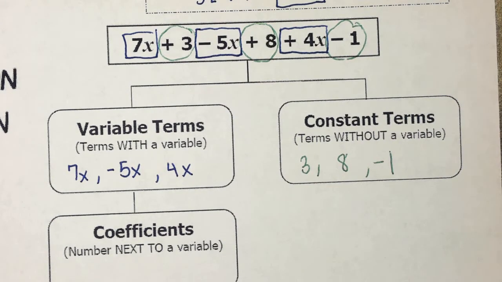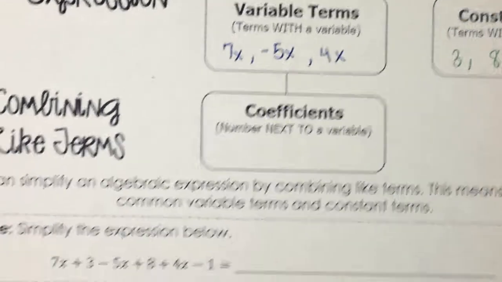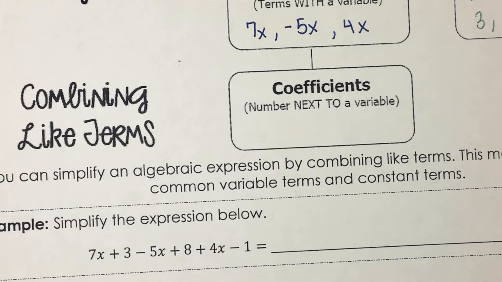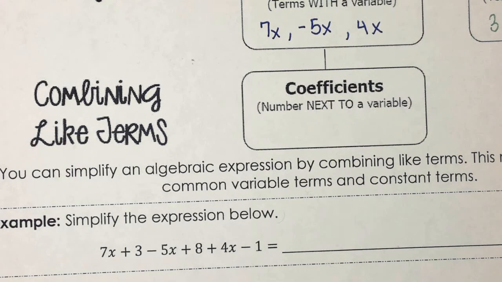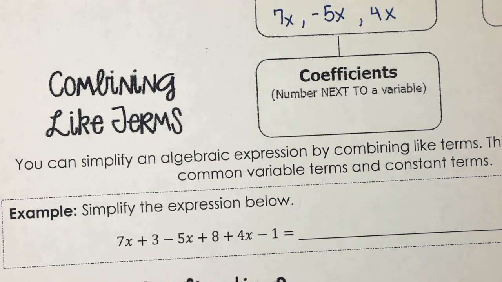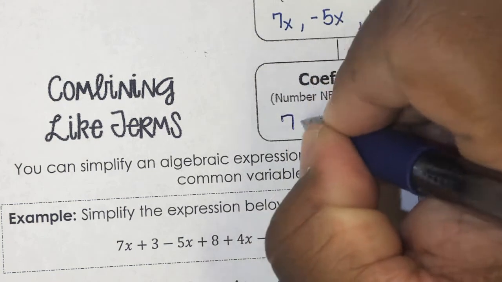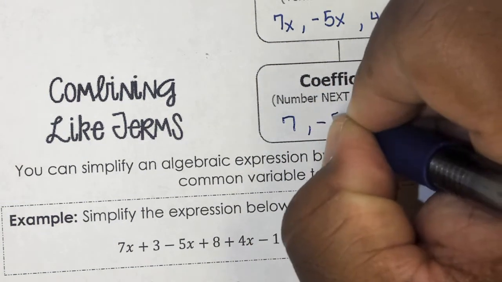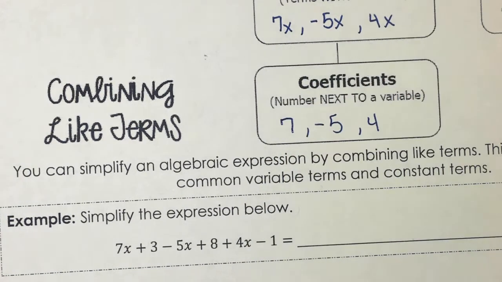Make sure you always keep the signs in front of your term. That's what some of y'all mess up. That's what a lot of y'all messed up the other day. Y'all forget to carry the sign. And then coefficients. When you know what your coefficients are, it helps you combine like terms. A coefficient is just the number next to the variable. So our numbers next to our variables are 7, negative 5, and 4.